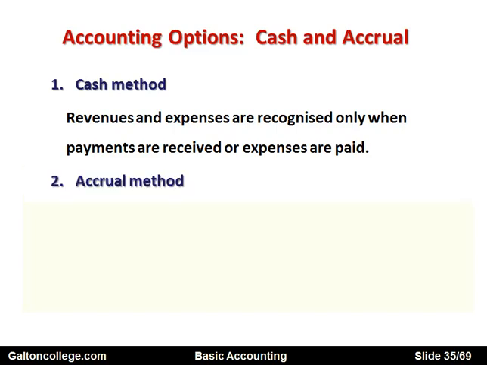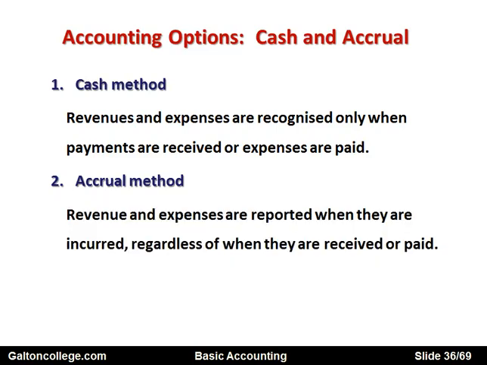Now that contrasts with the accrual method. Revenues and expenses are reported when they are incurred, regardless of when they are received or paid. So with the accrual method, whenever a sale is made, even though the money has not arrived in the bank, the sale has been made today but still no payment is made, it would be entered as a sale at this moment.